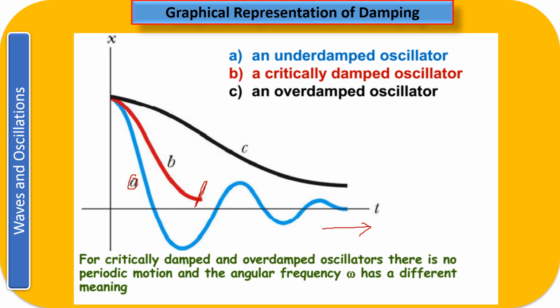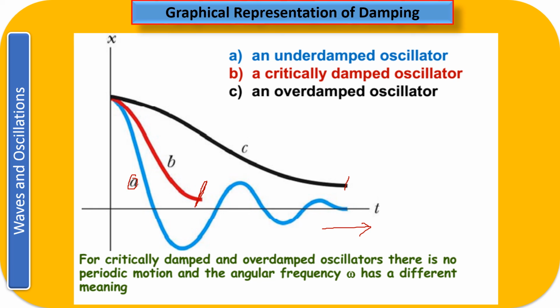And in case of the overdamped, right, it will take a very long time to come to the zero displacement position, or the initial position, you can say. And of course it is not going to make any oscillation.